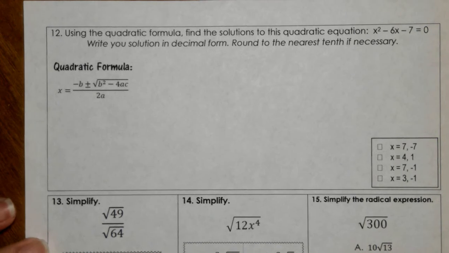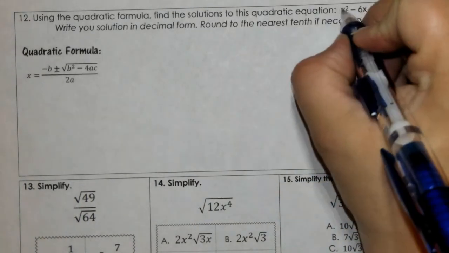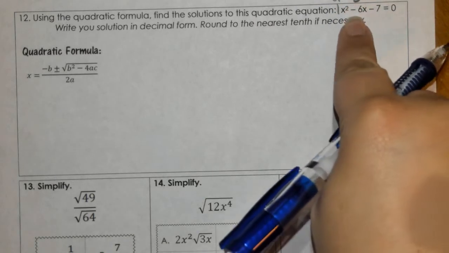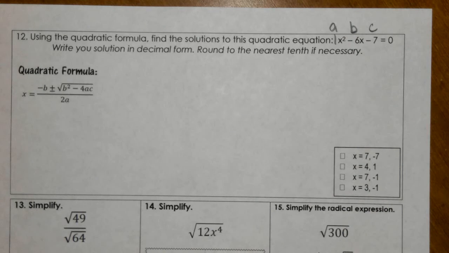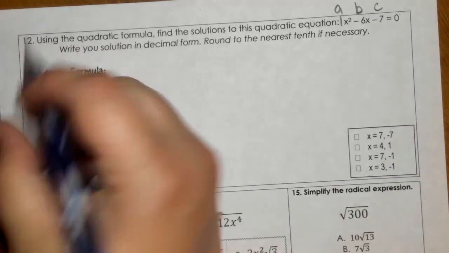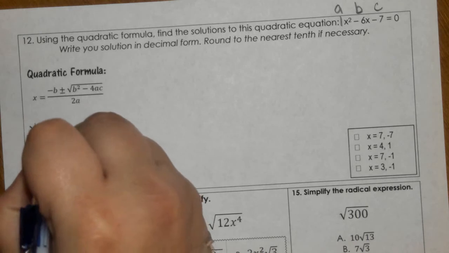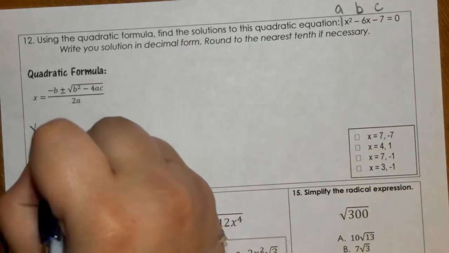So for this one, again, we would need to label our problem. So A, B, and C. So A is 1, B is -6, and C is -7. So it is important to note that B is -6. Okay. To plug in, we have a negative from the formula, and we know that B is -6.